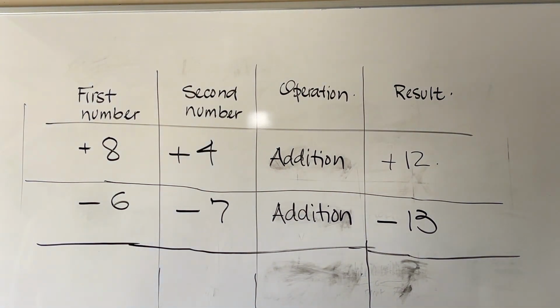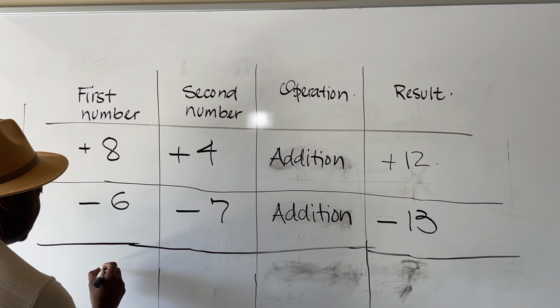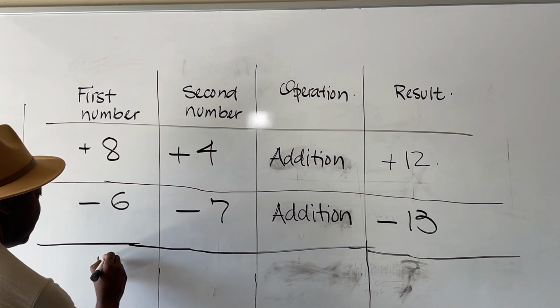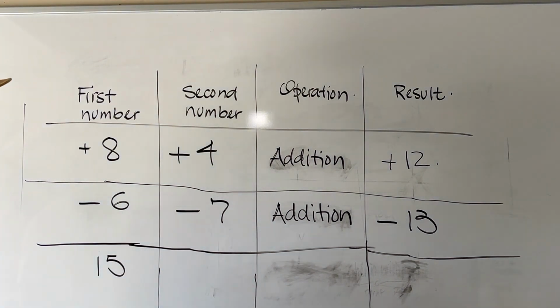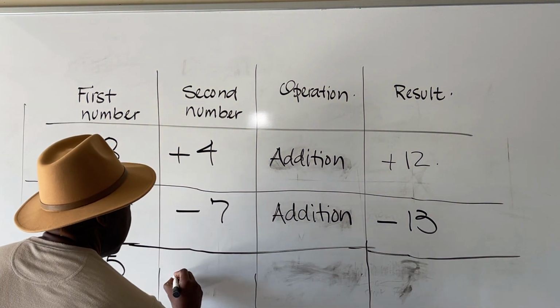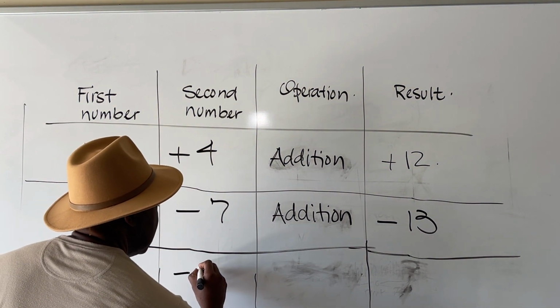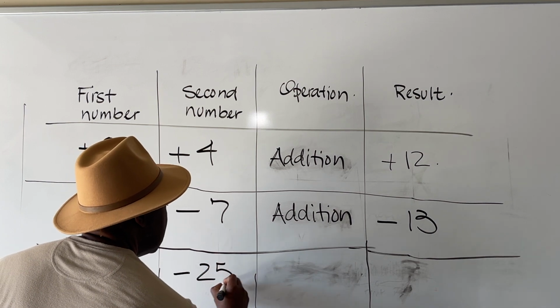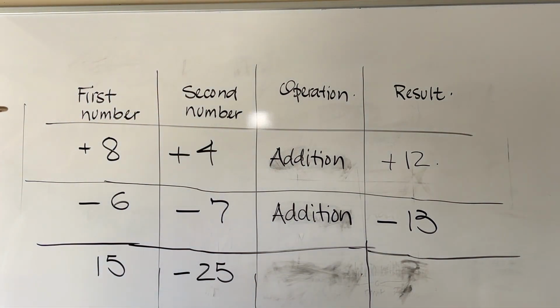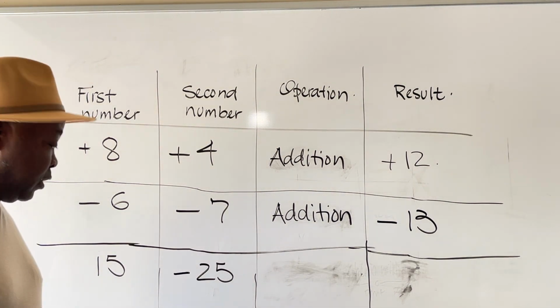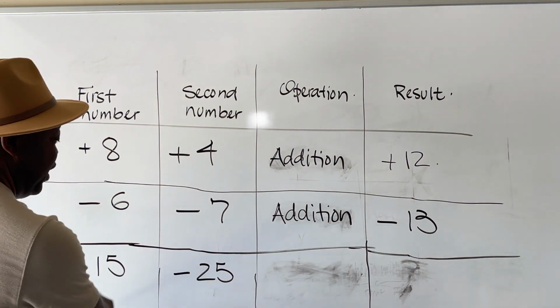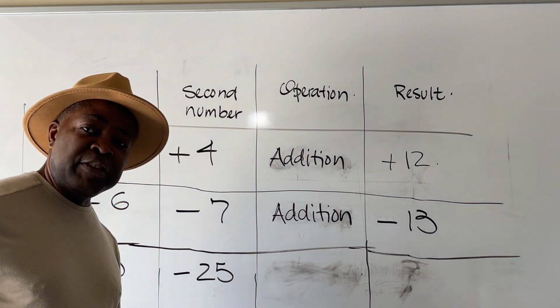All right. What if I had 15, positive 15, minus 25? What do I have here? Subtraction. I have a subtraction. How do I know that? Because the signs are different. Like here I have a smiley face, here I have a frowny face.